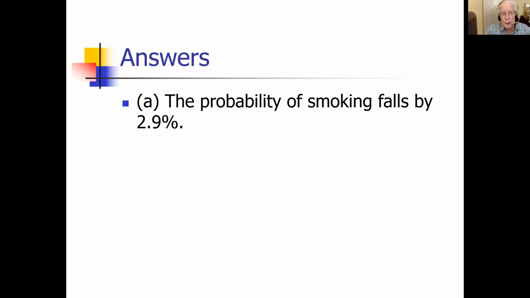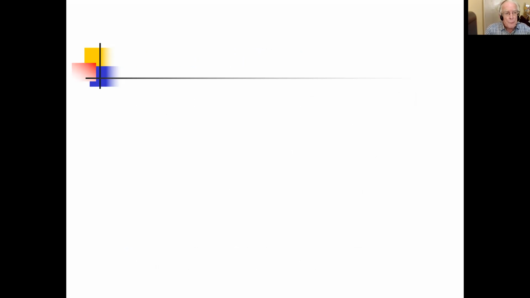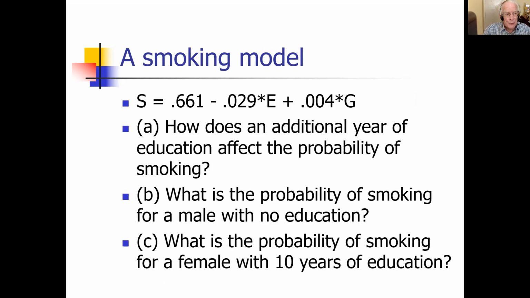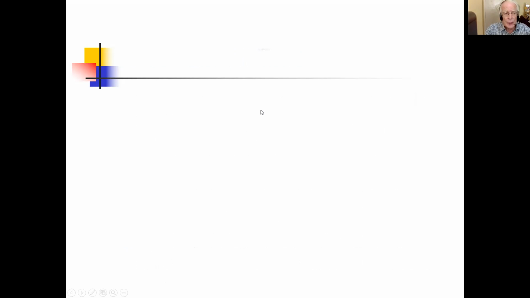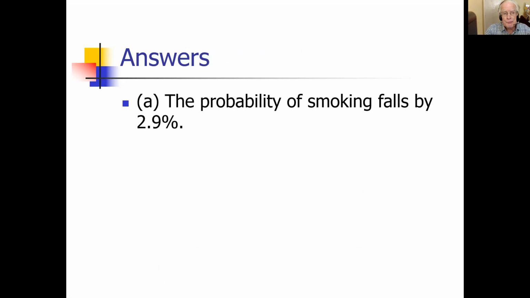In this case, because the coefficient of education is negative 0.029, the probability of smoking falls by 2.9% with each additional year of education.